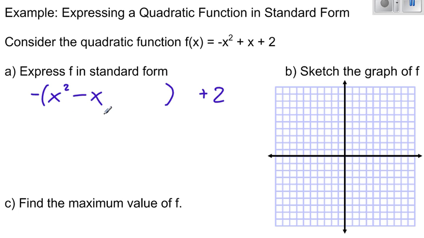So now it's b over 2 squared. So it's 1 over 2 is 1/2. 1/2 squared is 1/4. So we're adding 1/4, so we need to subtract 1/4. There's a negative outside, so we need another negative outside.